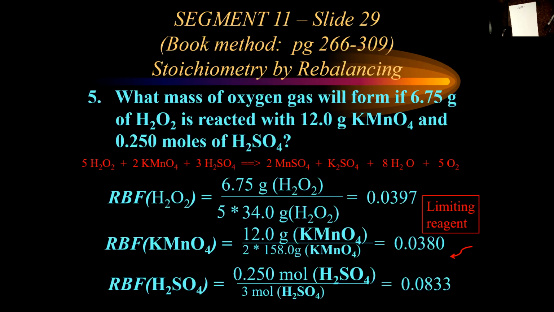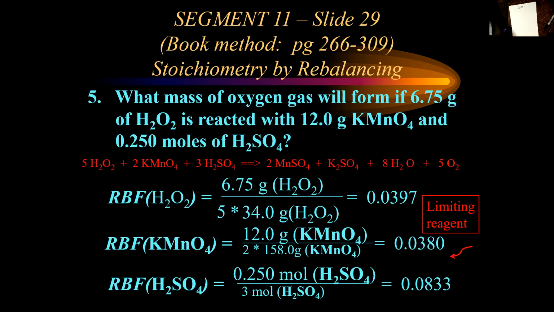I'm not going to do what the problem says. I am absolutely not going to take 6.75 grams of hydrogen peroxide, convert that to moles, and then convert to moles of, what does it ask for? Well, oxygen. Convert that to moles of oxygen, and then convert that to grams and get one of the answers. Then go take the 12 grams of potassium permanganate.